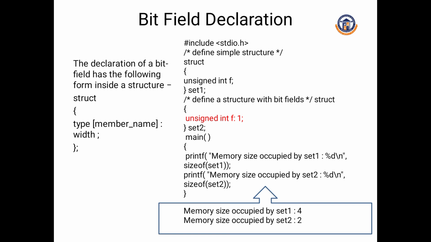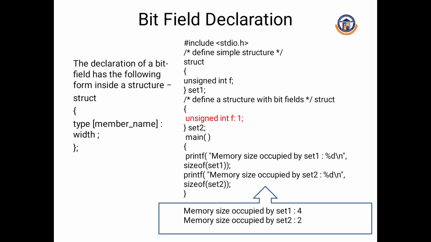So next, unsigned int f with a colon of 1, where I have stated that I have used only 1 bit. Within the main program, printf the memory size occupied by set1 is %d, the value being called from sizeof(set1).